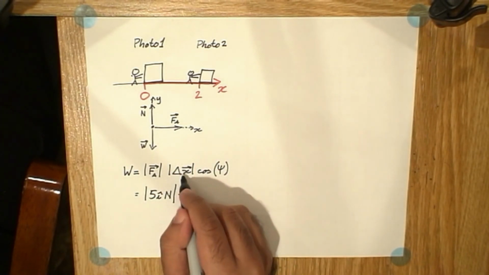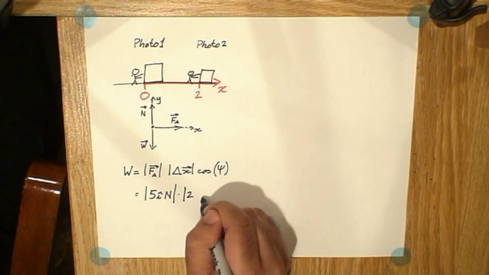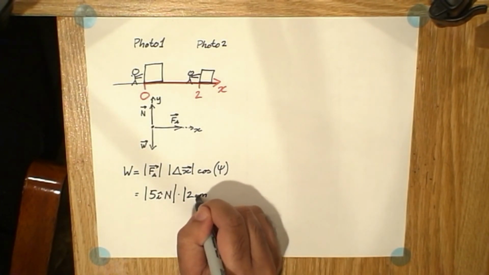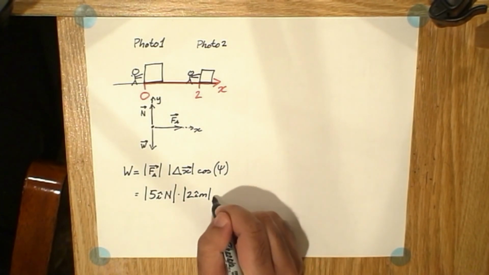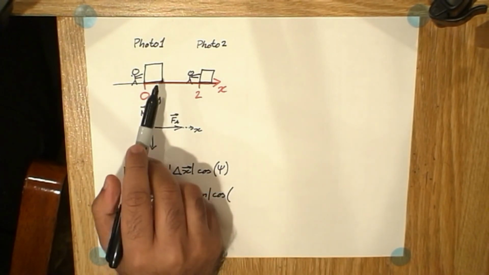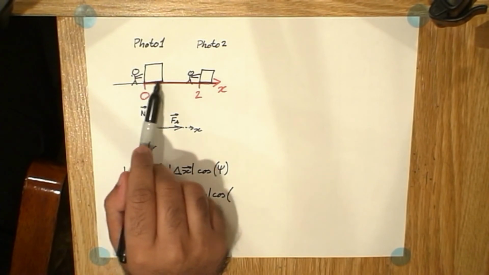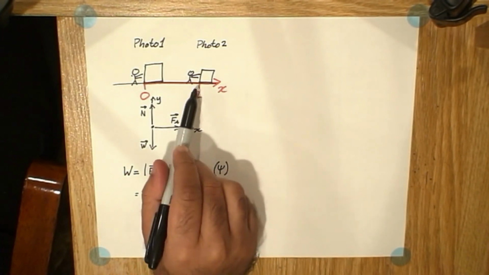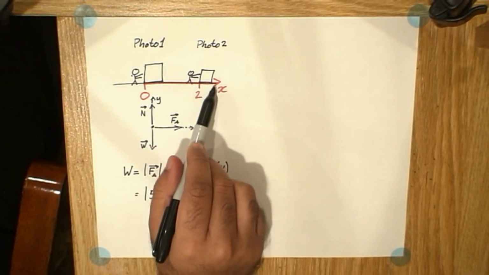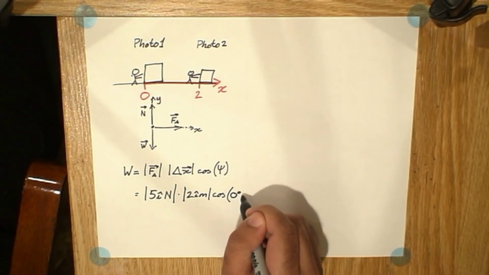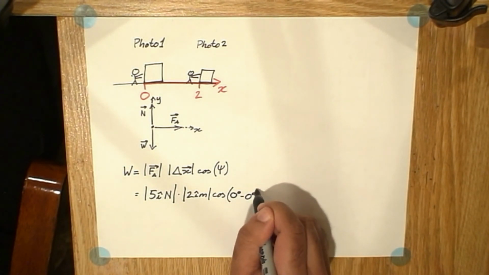So that means that the displacement was going to be 2 meters, and because it's also in the x direction, we would say this is 2 i hat meters, times the cosine of the force is along the x-axis, that is 0 degrees, and the displacement is also along the x-axis, which would also be 0 degrees. So you could write it like this: 0 degrees minus 0 degrees.